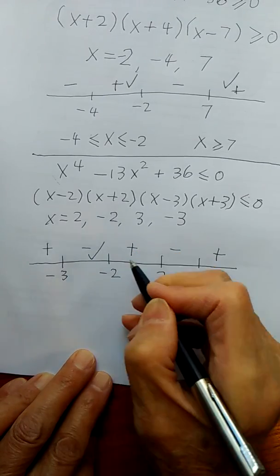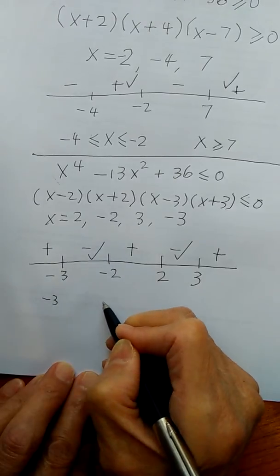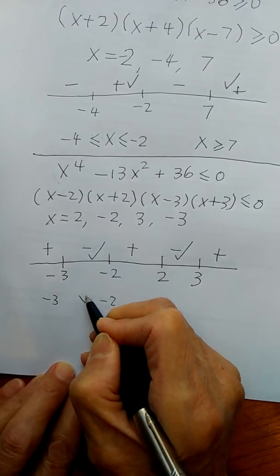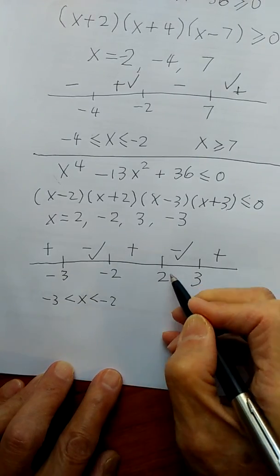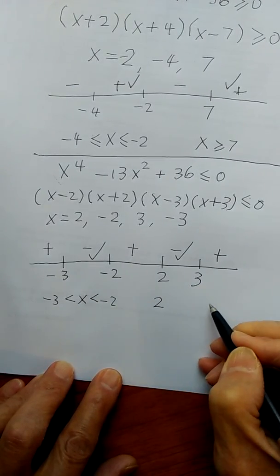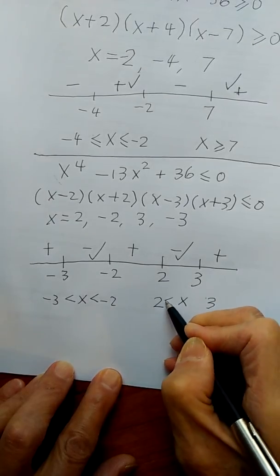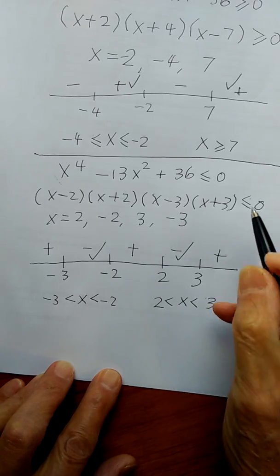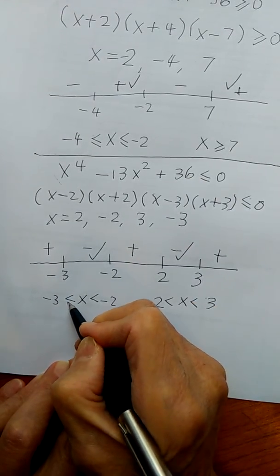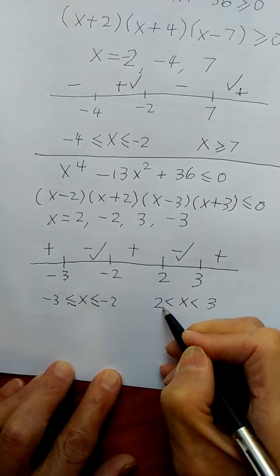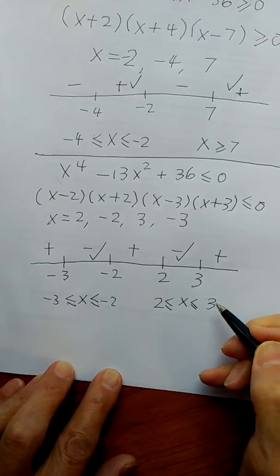I want this, and I want this. So my answer is -3 to -2, x is in between, and from 2 to 3, x is in between. Do I have an equal sign? Oh yes, I have an equal sign. So that is my answer.